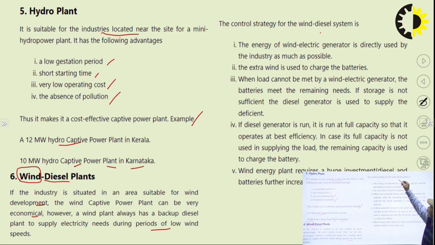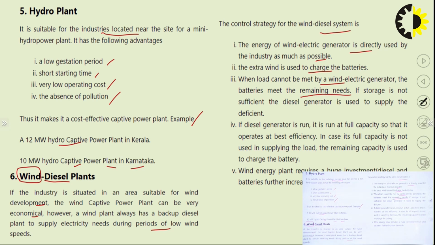The control strategy for a wind diesel system is that the energy of the wind electric generator is directly used by the industry as much as possible. Extra wind energy is used to charge the batteries. When the load cannot be met by the wind electric generator, the batteries meet the remaining needs.